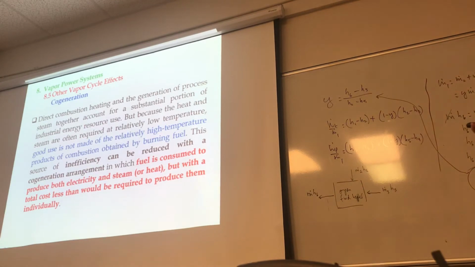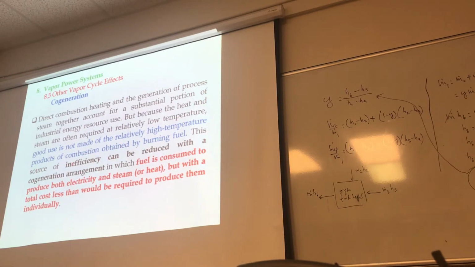for some other process. So direct combustion heating and the generation of process steam together account for a substantial portion of the industrial energy used, but because the heat and steam are often required at relatively low temperature, good use is not made of the relatively high temperature products of combustion obtained by burning fuel.